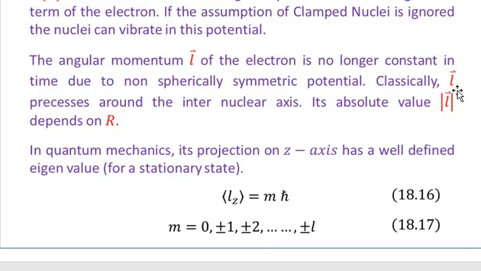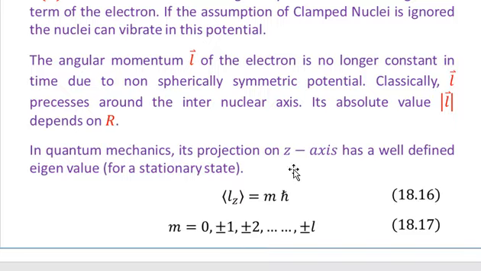Classically, the angular momentum L precesses around the internuclear axis, which is the z-axis. So when the electron is revolving, its angular momentum will also keep on revolving about a line parallel to the z-axis, and its absolute value will depend on the value of capital R.